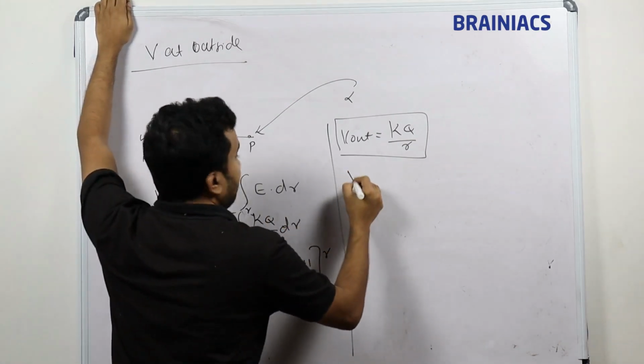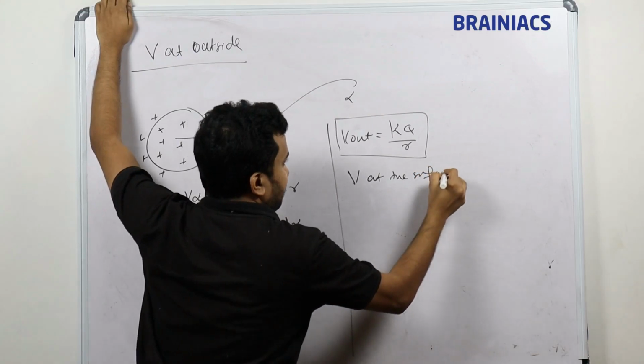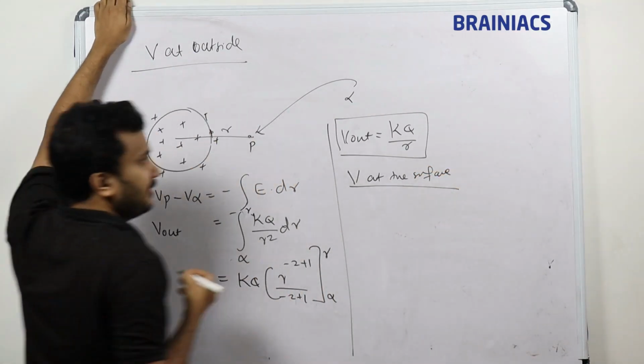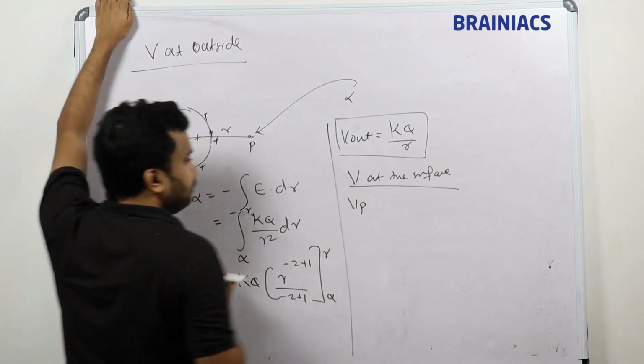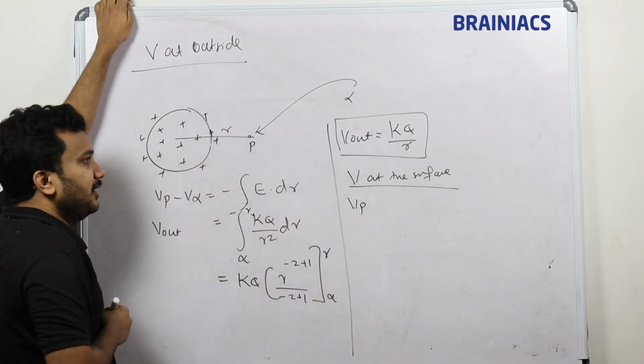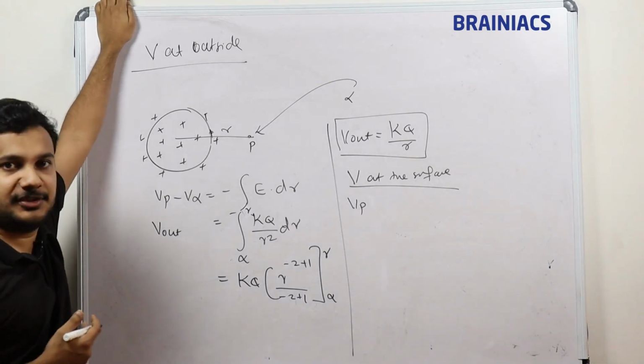Now the potential V at the surface. This is also very simple, right? So what is the difference between them? Here, Vp, we want to find out the potential at the surface position.